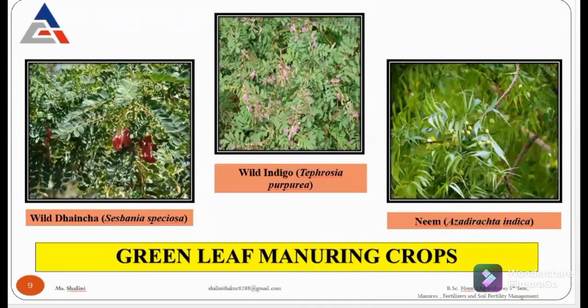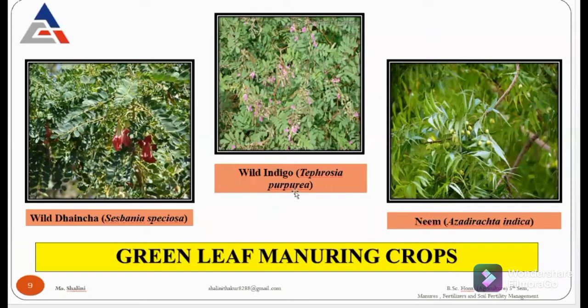Then we talk about green leaf manuring. For green leaf manuring, we are using subabul, neem, wild indigo, and wild dhaincha. The scientific name of wild dhaincha is Sesbania speciosa. The scientific name of wild indigo is Tephrosia purpurea, because it has purple flowers.